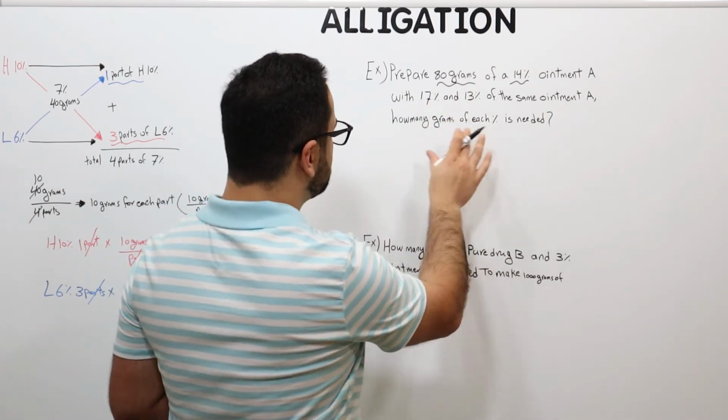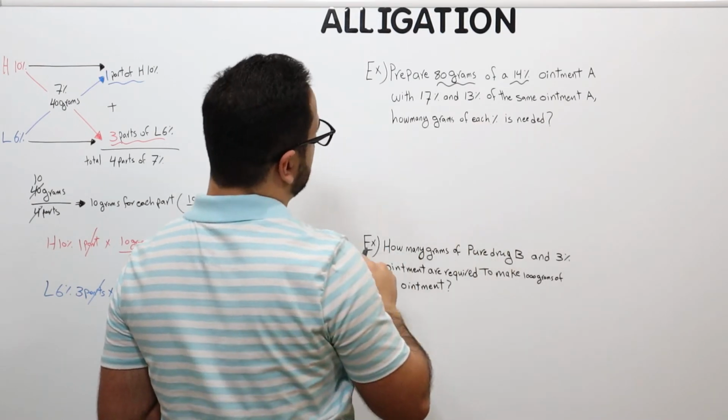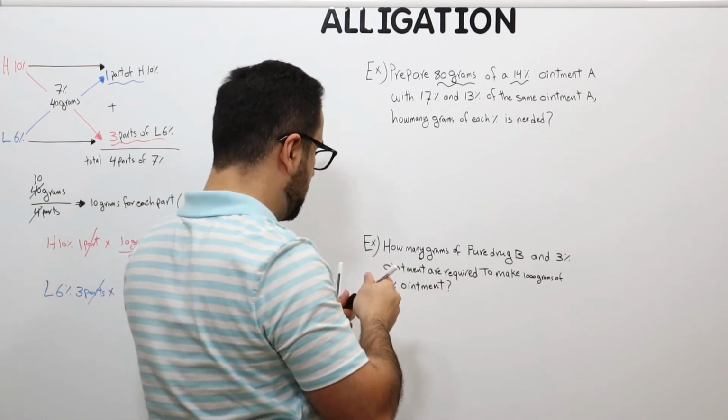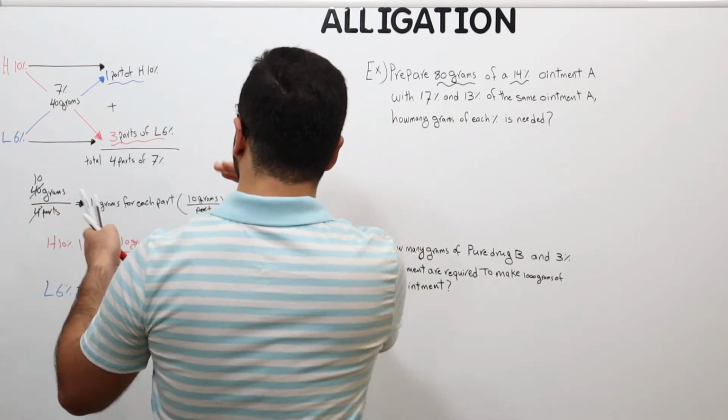So the question is asking how many grams of each is needed. So basically exactly what we did over here. Now this is an actual example, so let's just do what we did over there.